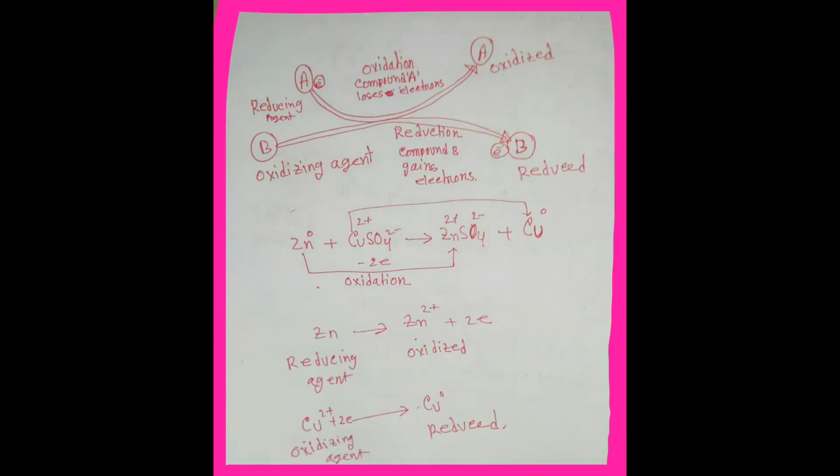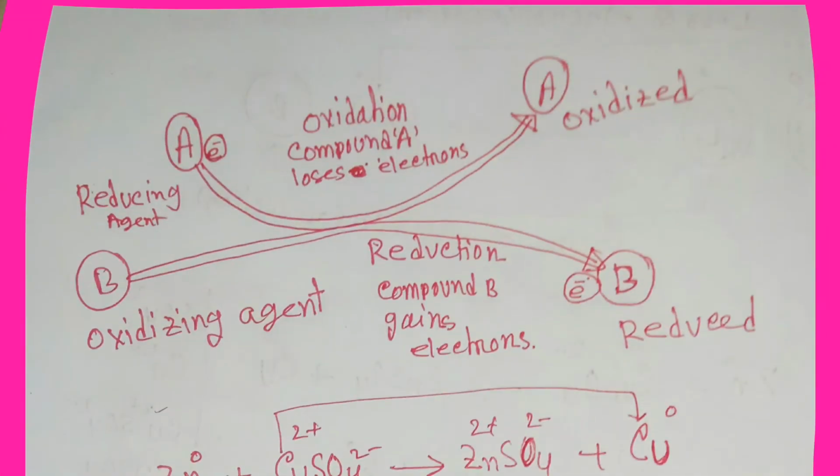Well, now let me tell you something. Here A is releasing electron, right? Compound A is losing electron and we are getting this, right? So loss of electron means oxidation, right?